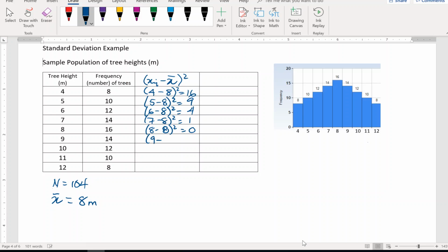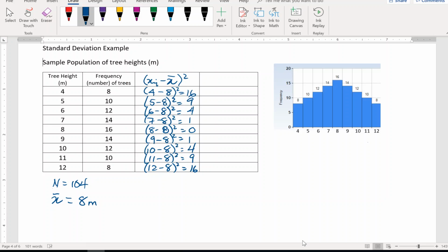Now when we go back again, it will be similar values. 10 minus 8 squared is 4. 11 minus 8 squared is 9. And 12 minus 8 squared is 16.